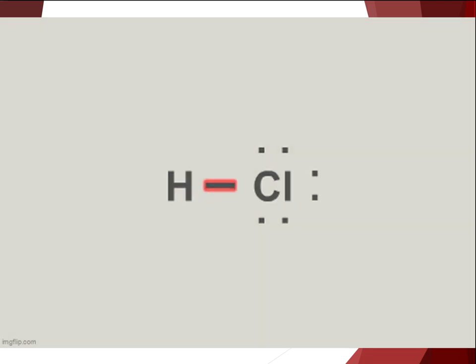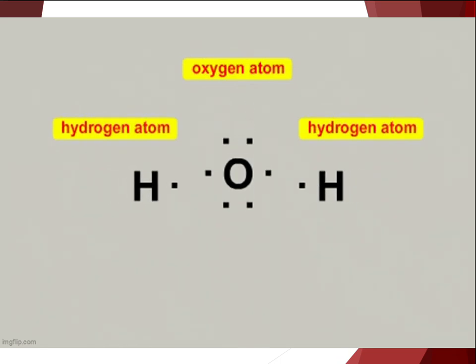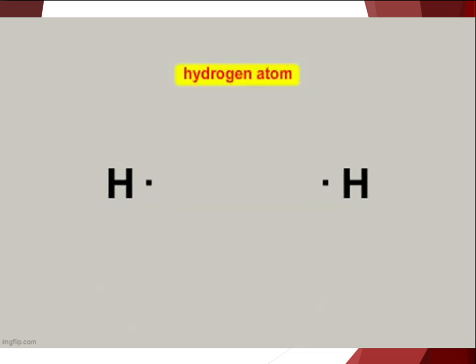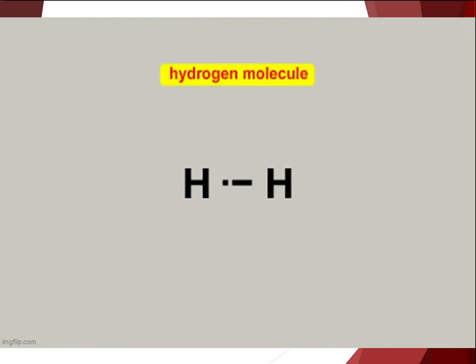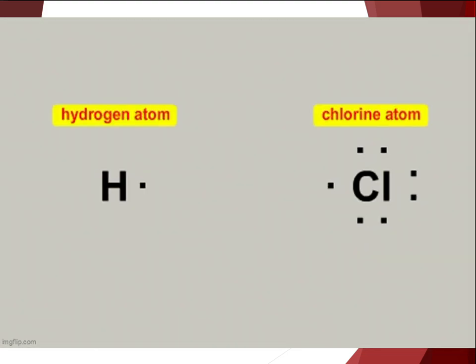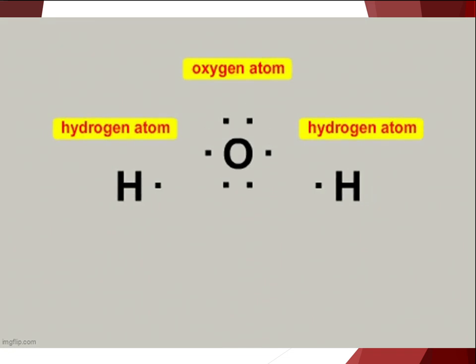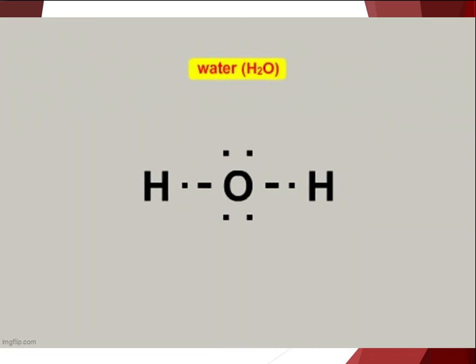A single bond with another oxygen would not fill the octet of either oxygen atom. Each atom would only have 7 valence electrons in its valence shell. Instead, oxygen forms a double bond, and they share 2 pairs of electrons between them, meaning 4 total valence electrons. In this way, each oxygen atom completes its octet.